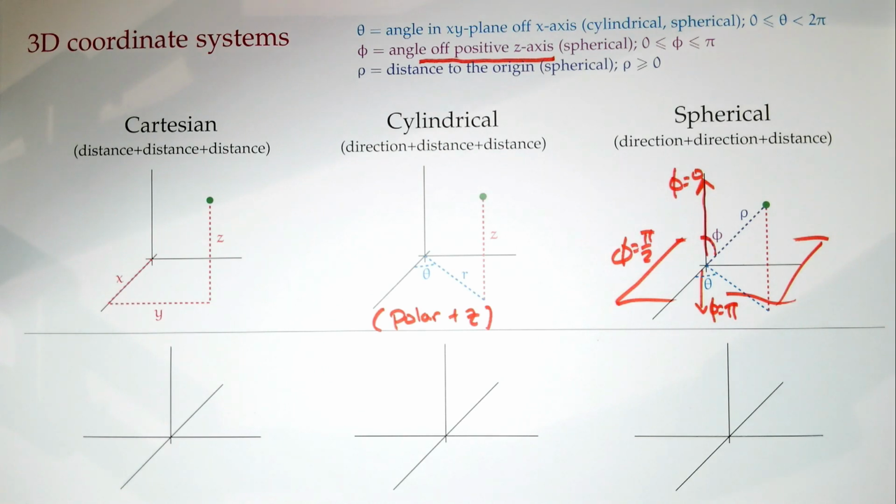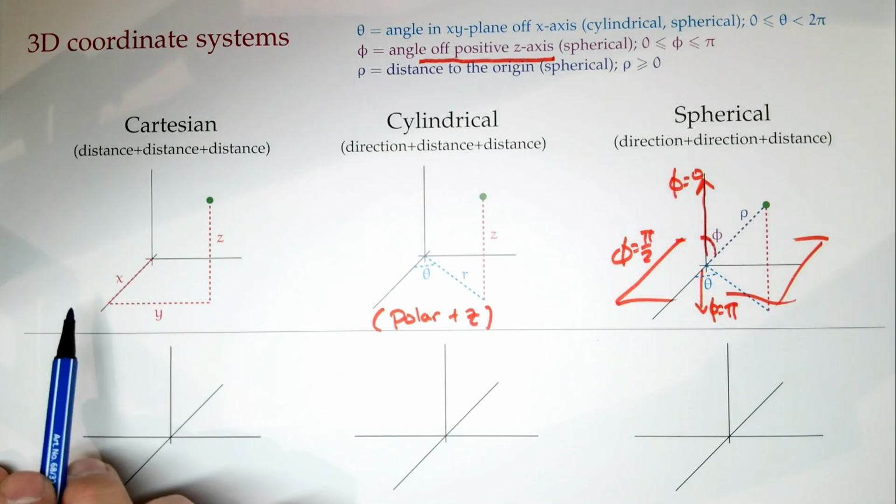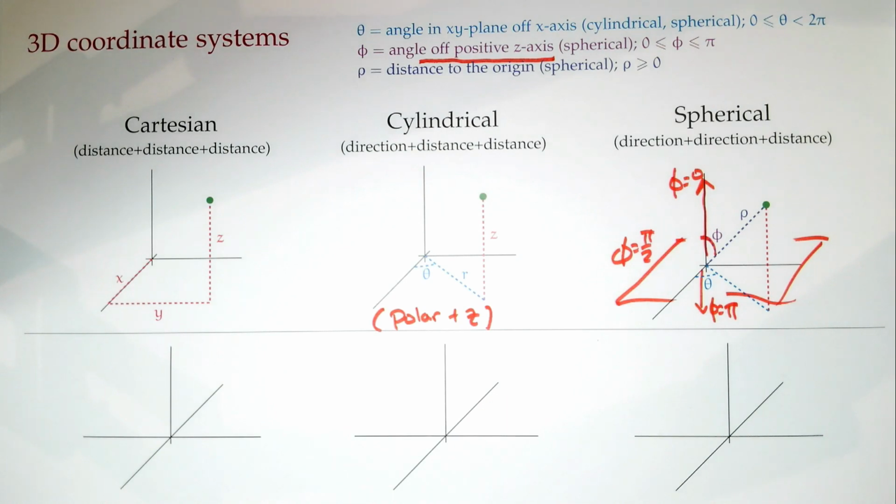Now, down below here, I have a couple of empty spaces. I just want to talk about what happens in these different coordinate systems. In particular, I want to talk about what happens if I fix a single coordinate. So let's start with Cartesian, because that's the one we know best.